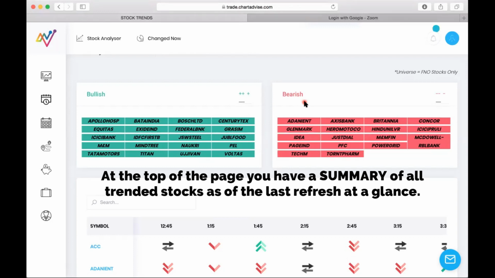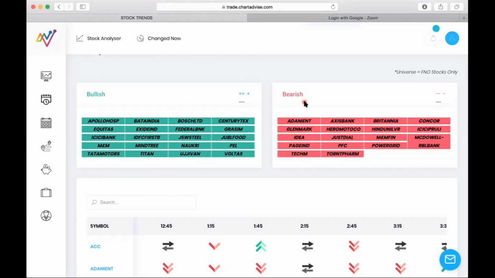This page accumulates all the stocks that show some tendency to either be in the bullish direction, like this list of stocks, or in the bearish direction, like this list of stocks over here on the bearish side. It has classified them into red and green, so that immediately when you glance at the screen, you know exactly what stocks are moving up because they are in the green, and what stocks are moving down in the red.